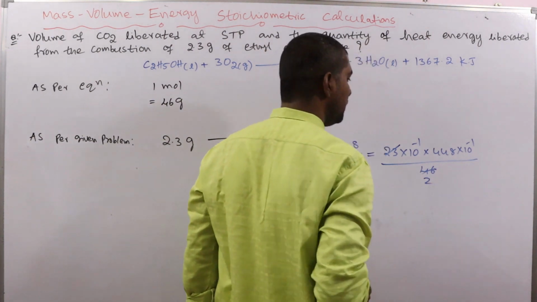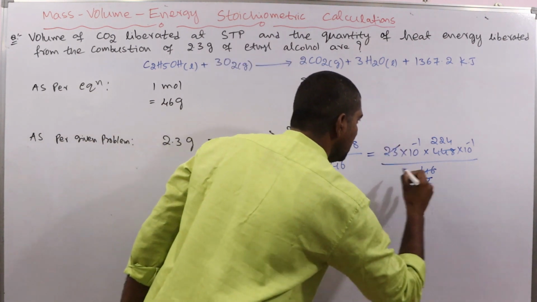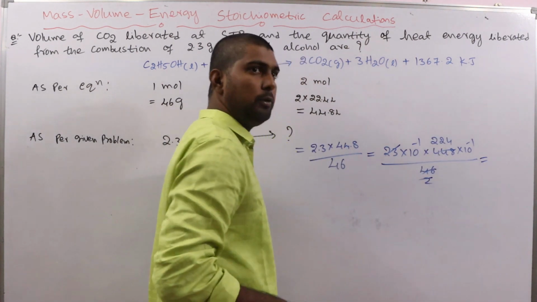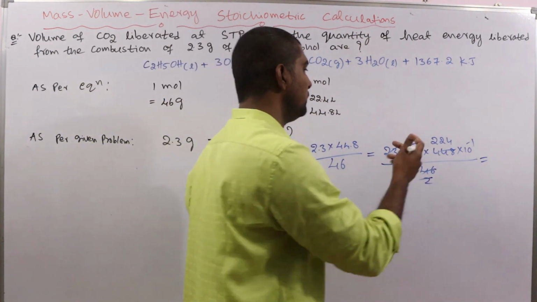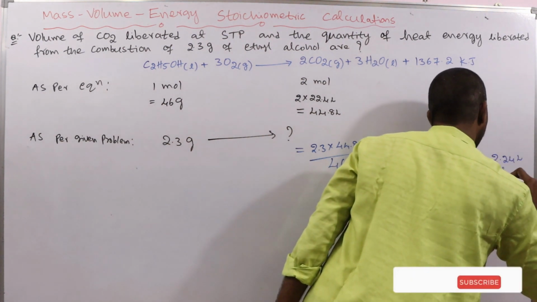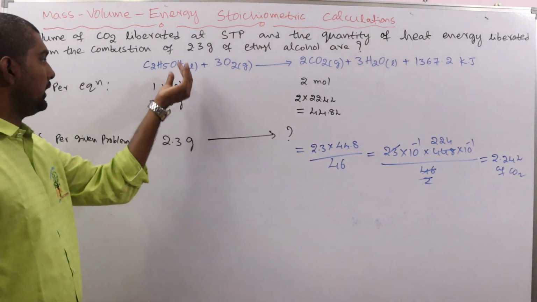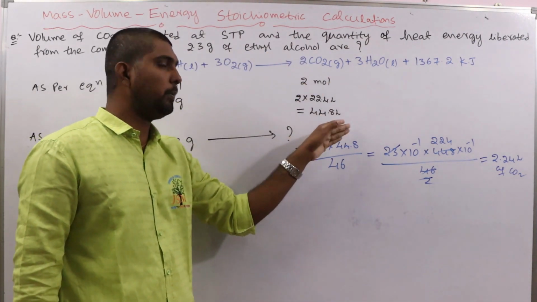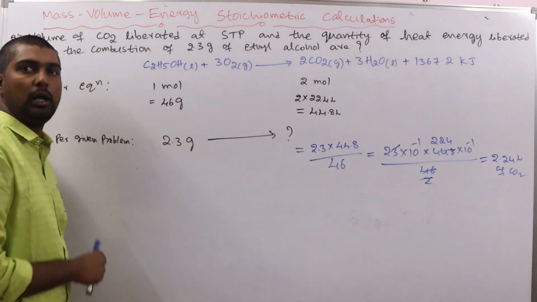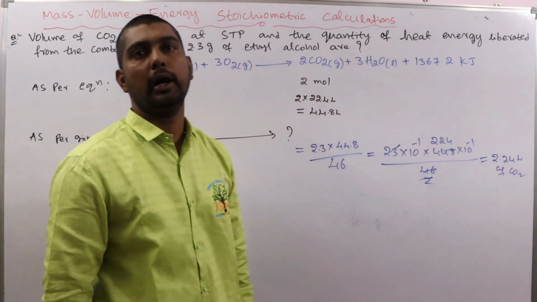So this gets cancelled 2 times, and here we get 224, that is 224 into 10 power minus 2. So we get 2.24 liter of CO2. When 46 gram ethyl alcohol undergoes combustion, we get 44.8 liter of carbon dioxide. When 2.3 gram ethyl alcohol undergoes combustion, we get 2.24 liter of carbon dioxide.